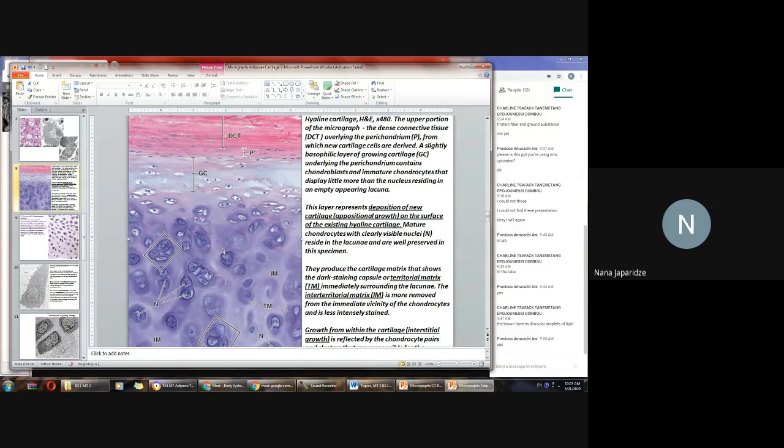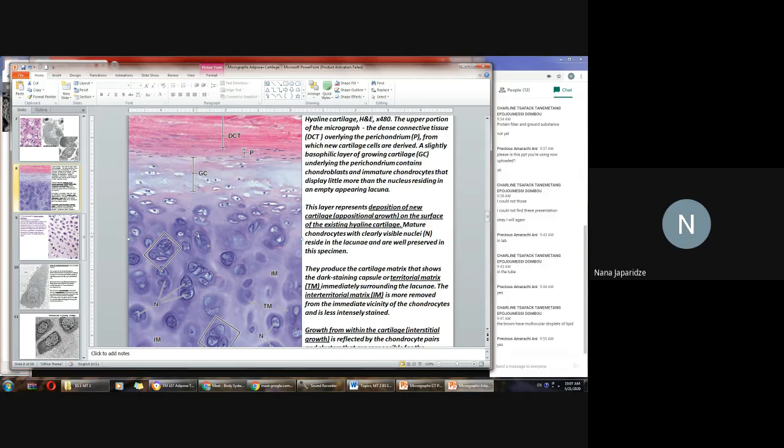Chondrocytes are in the deeper layers of the tissue. Chondrocytes are able to divide, and that is why they give rise to these groups of cells, okay? Isogenous groups.